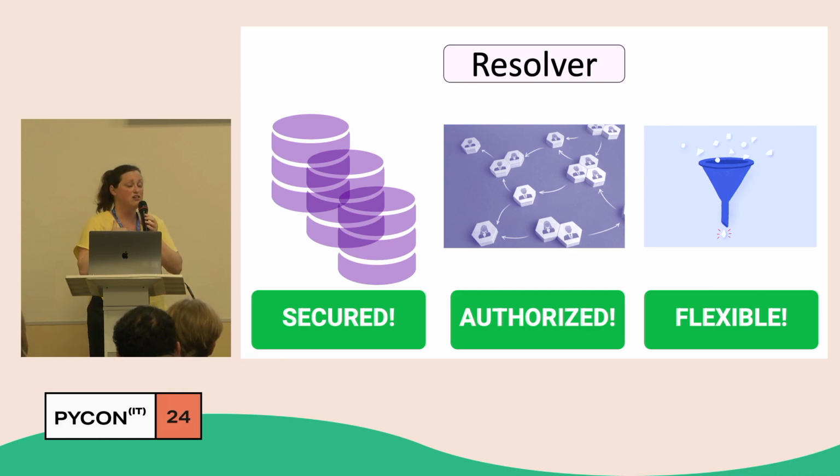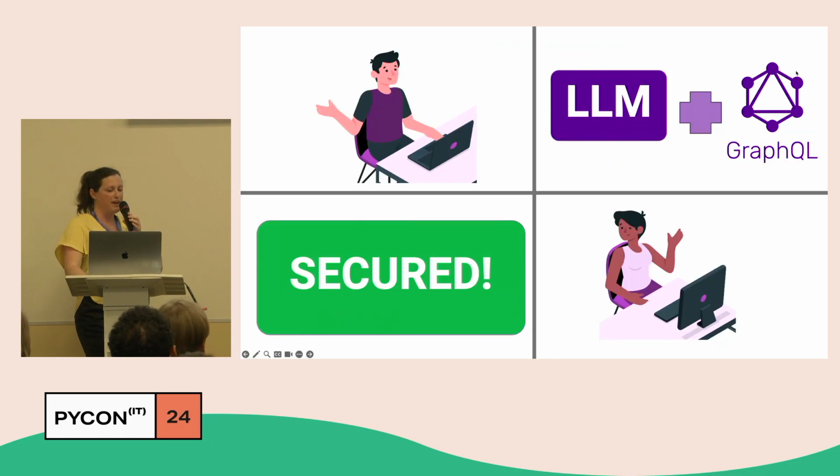But inside the resolver, we will implement that if we get a name, we check if we have the name in the database and we can fetch the user ID. If for the same name we have many user IDs, we can give back an error. Okay, and we can make sure that what we give back is authorized, and it gives us a lot of flexibility. The combination of LLM and GraphQL is secure.